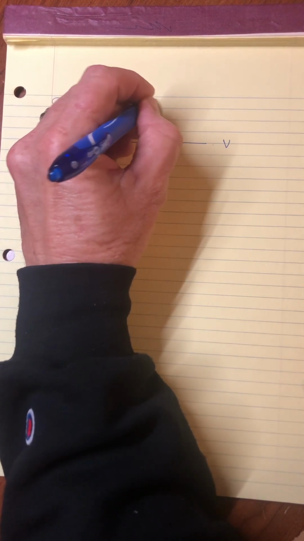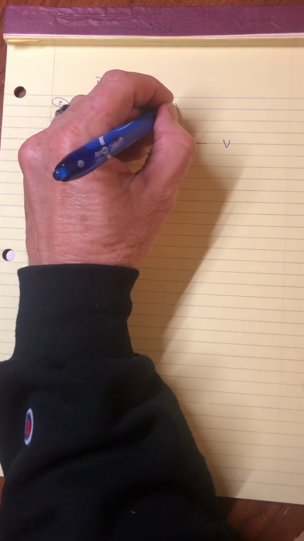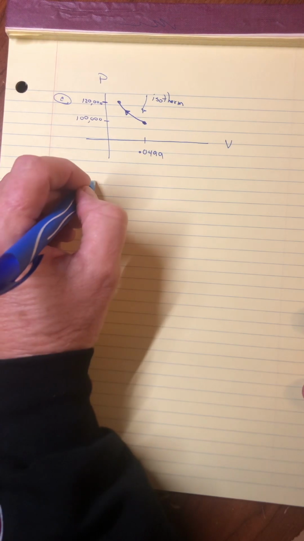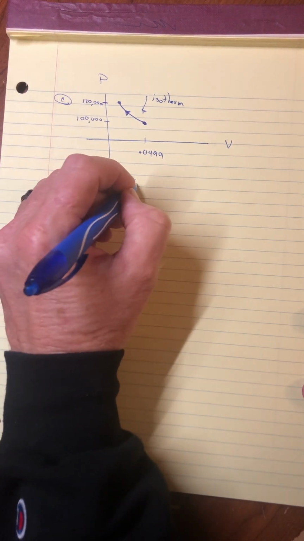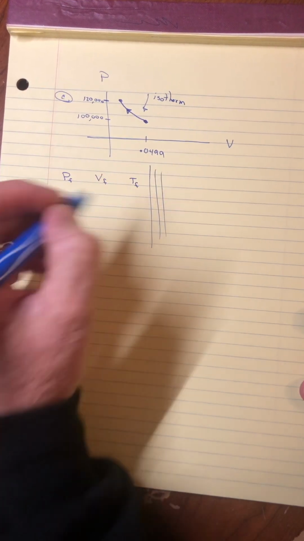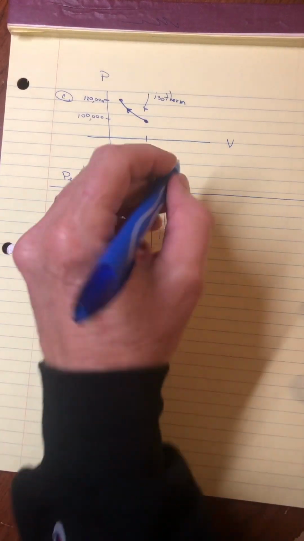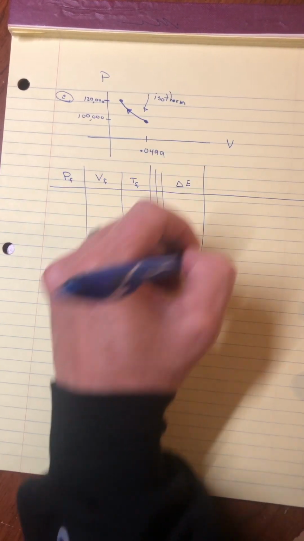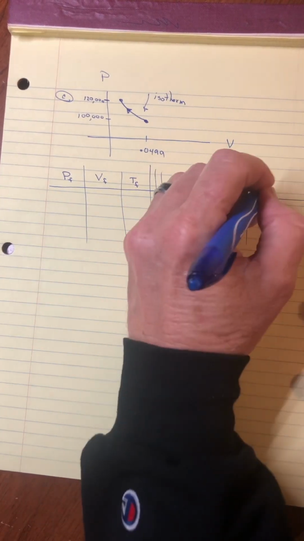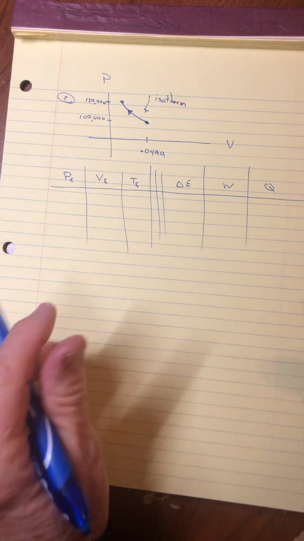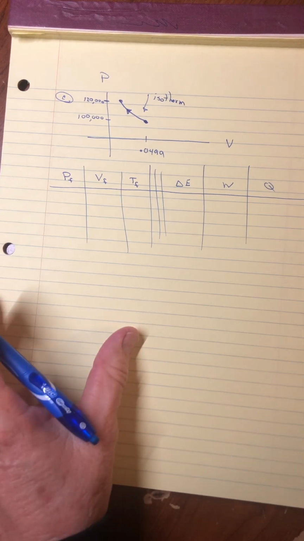And so this is the shape of a hyperbola. This is the isotherm. And then we put what is the final pressure, what is the final volume, what is the final temperature, and then we put a delta E, a W, and a Q, and we can start filling this in.